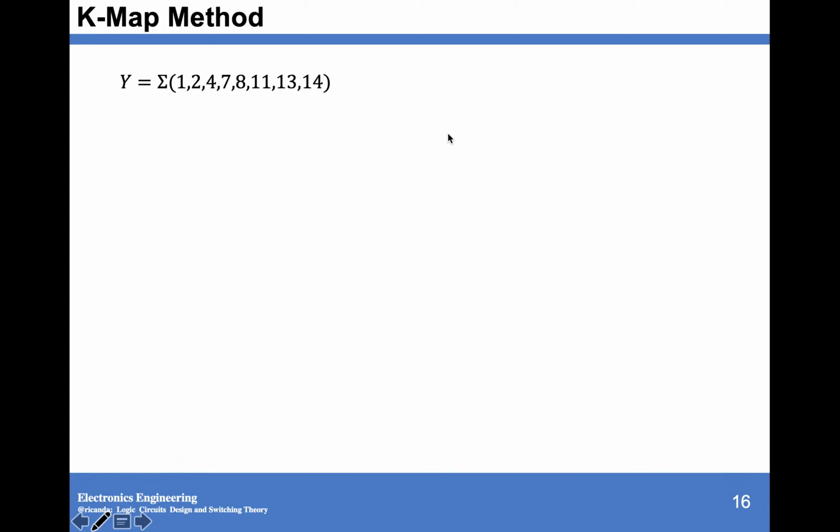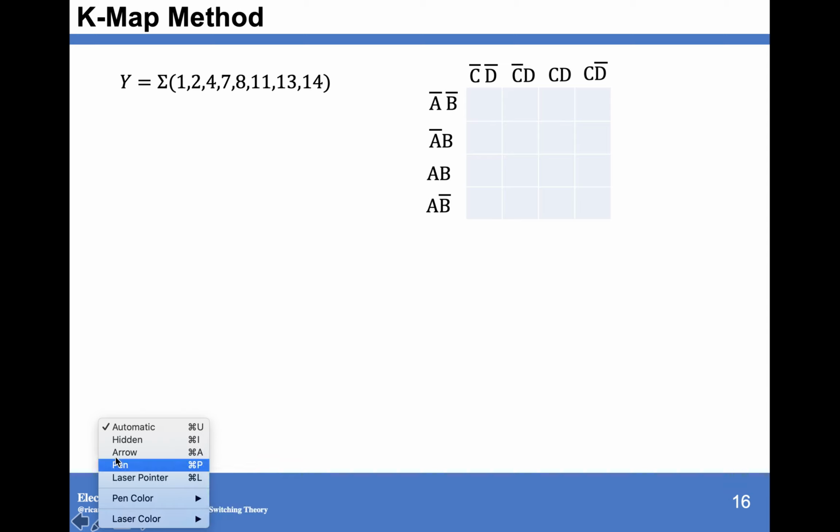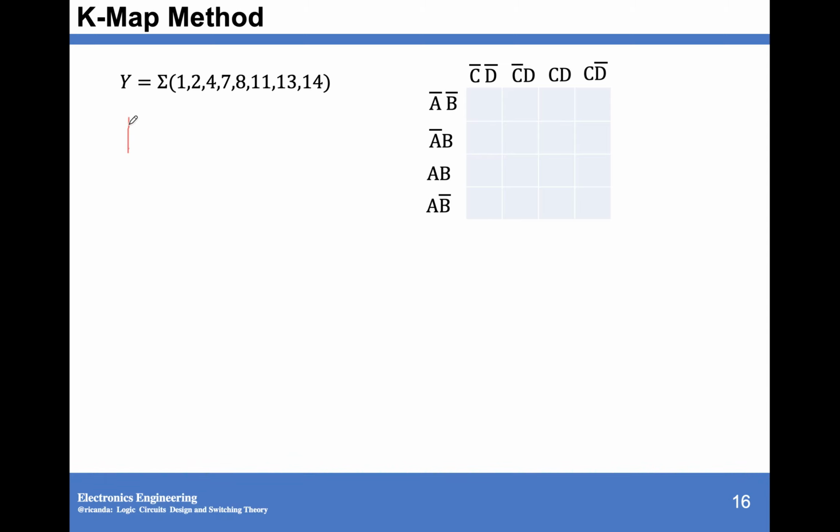So we have this example. We have to find the expression of this example. Since it is a summation, it is a sum of minterms. Your function is a function of E, B, C, and D. Since we have 4 variables, we draw 16 squares and put in the values.